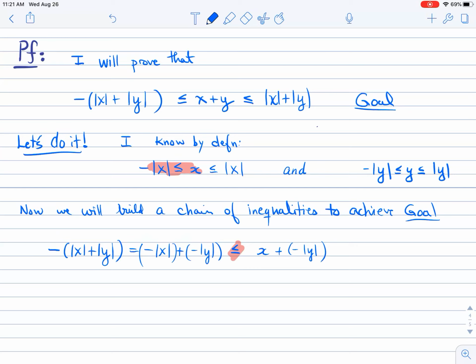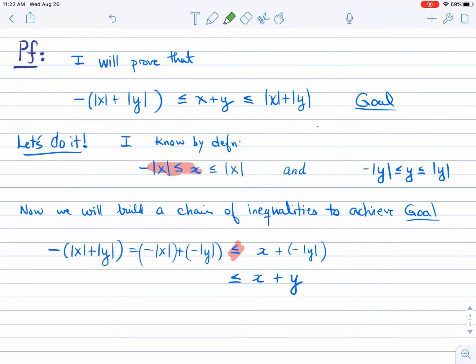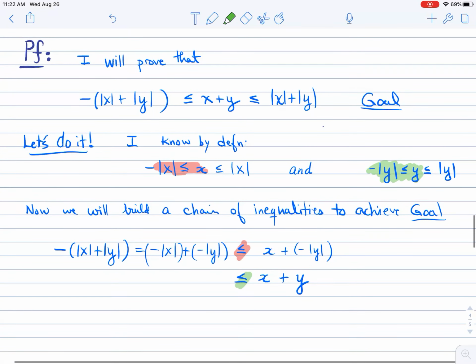And now we can do the same thing up here. Now let's do another example. So I look at this and say, well, x plus the negative of the absolute value of y is going to be less than x plus y for the same reason up here. So I'm choosing to label my inequality usage by highlighting things.